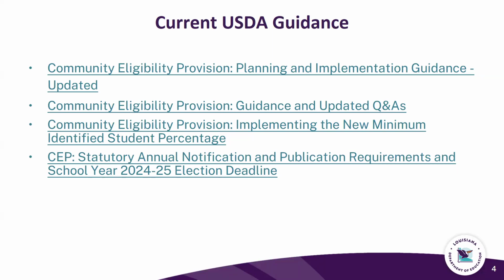The next one, Community Eligibility Provision Implementing the New Minimum Identified Student Percentage, was released back in September of 2023. And then CEP, Statutory Annual Notification and Publication Requirements and School Years 24-25 Election Deadline, was released in February of 2024. Again, all of these are linked on the slide so that you can easily get them whenever the slides are posted.